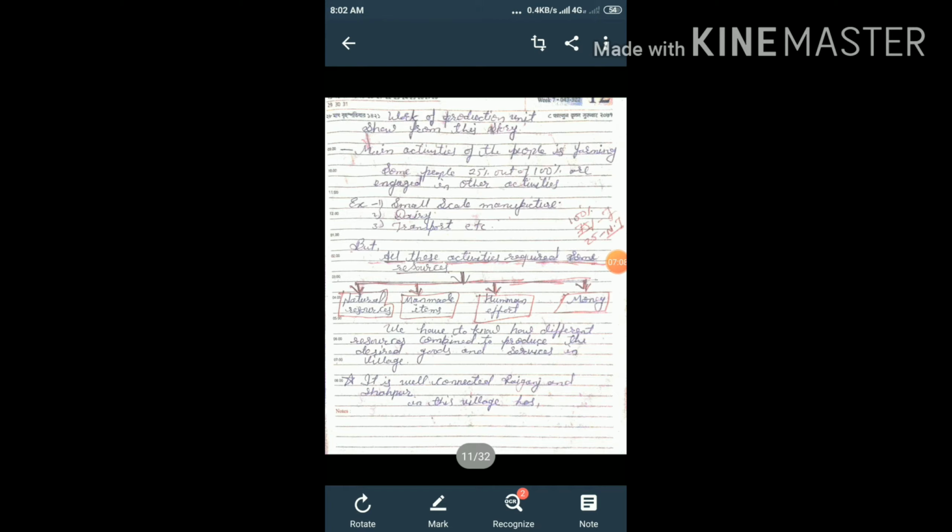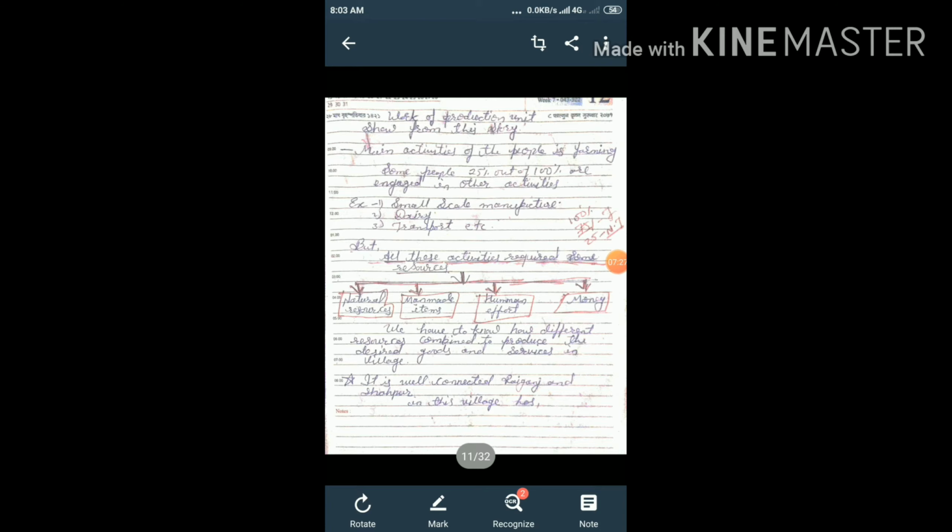Finally, we can say all activities depend on natural resources, man-made items, human efforts, and money. Including all these resources, we can do all types of activities.